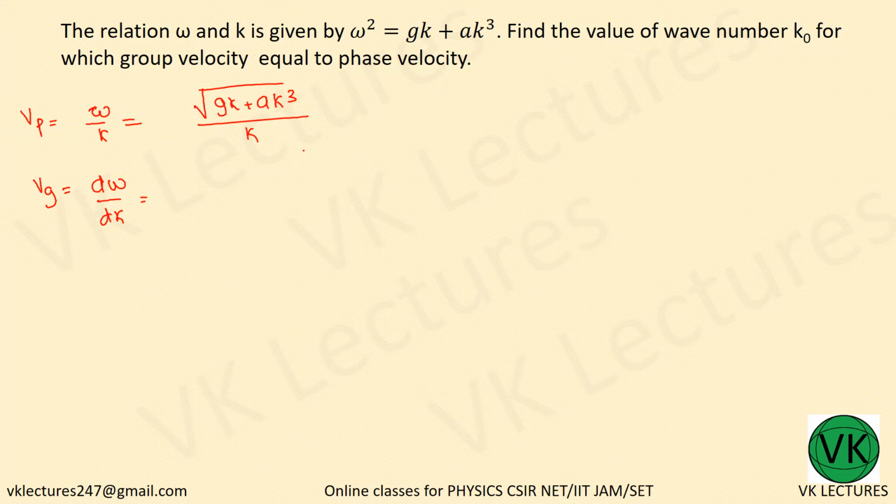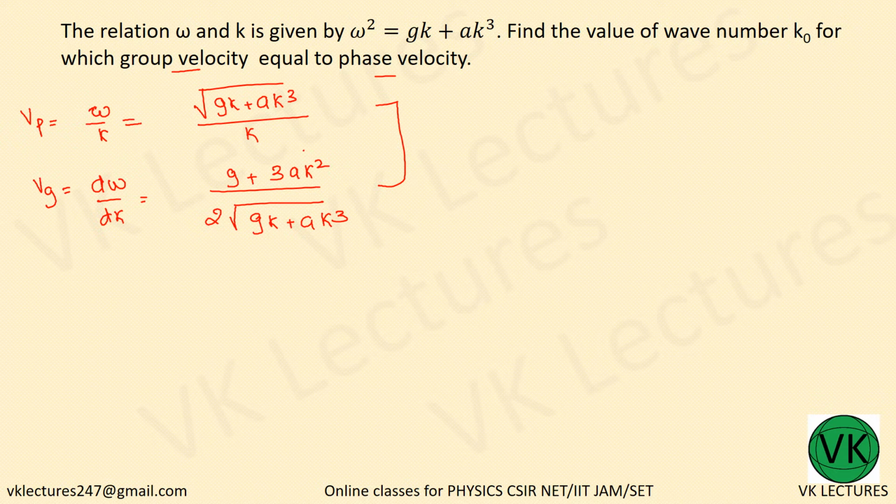Now d omega by dk is again 2 root gk plus ak cube in the denominator, and the numerator is the derivative with respect to k, g plus 3a k square. Now the question says the group velocity is equal to phase velocity.